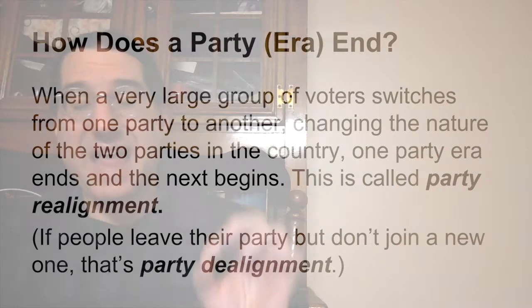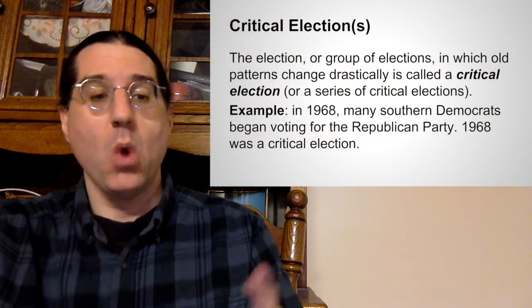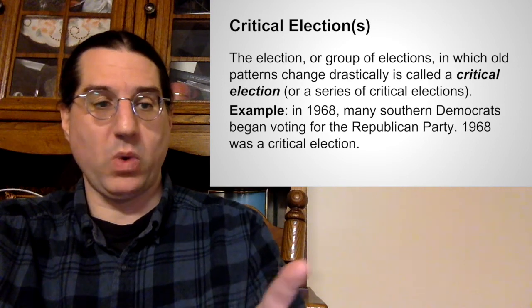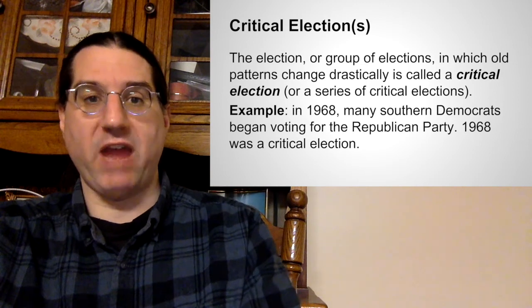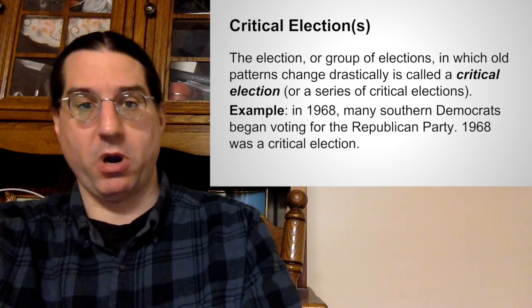We can sort of tell that a realignment is happening when we notice a bunch of people who have historically supported one party switch and vote for the opposite party.